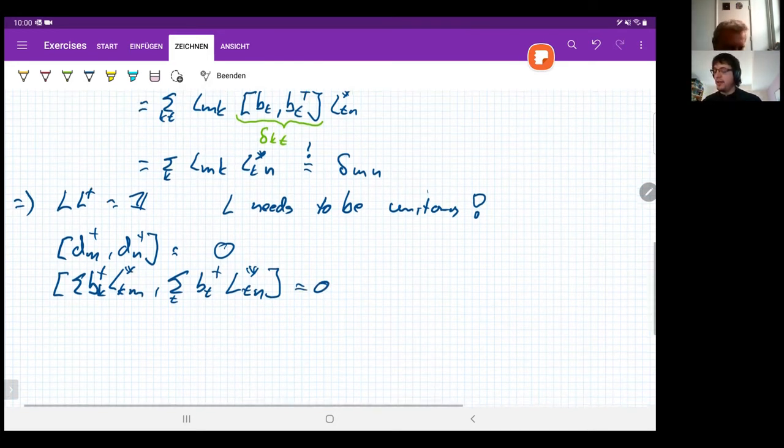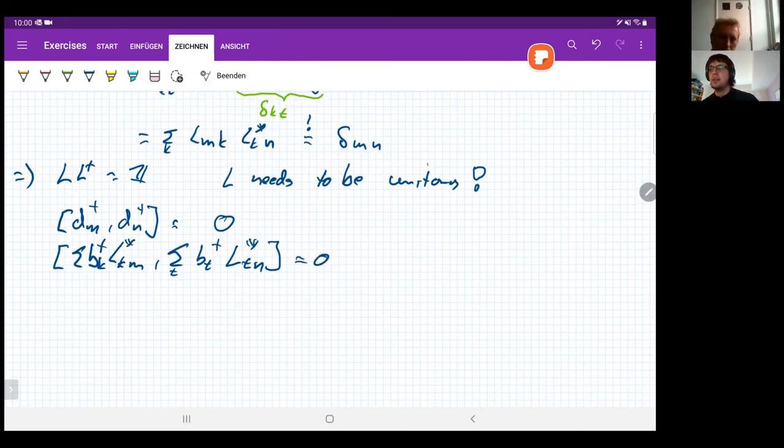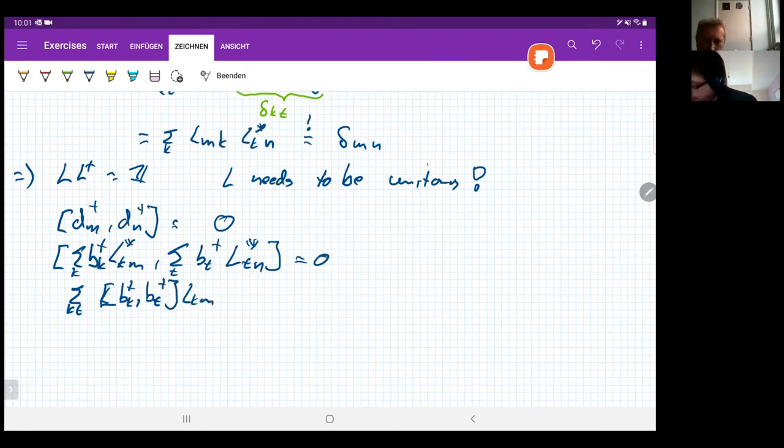And here we can again pull the same trick. We pull out the double sum and the L. I will do this now in one step. You can see it in the top one, how it works. And we have here b_K dagger, b_T dagger, and equals 0.